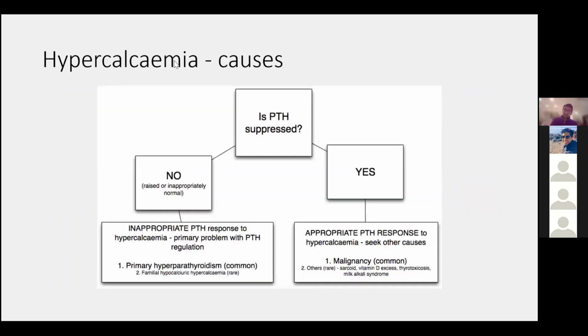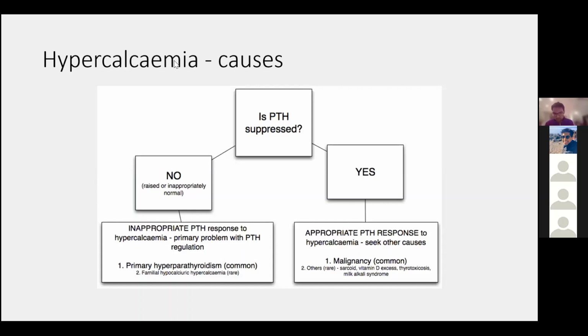So how would you classify the causes of hypercalcemia? The first thing you have to ask yourself is, is the PTH suppressed or is it not? If it's not suppressed, so raised or inappropriately normal, then the most common cause is going to be primary hyperparathyroidism.